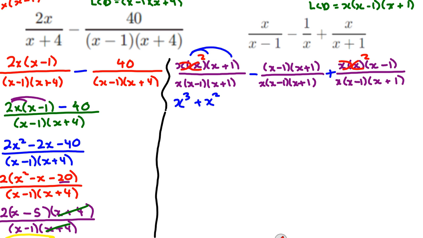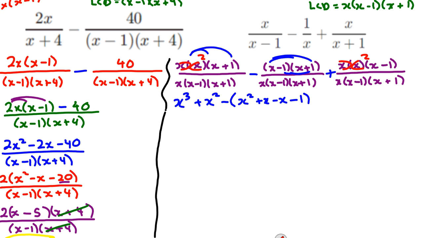Now what's awkward is the next step is going to require some foiling. So I'm going to do foil, foil, foil, foil, but I'm going to do minus all of that first. So it's going to be subtract all of the results of the foiling, so put it in brackets. X times x is x squared. X times 1 is plus x. Negative 1 times x is minus x. Negative 1 times 1 is minus 1.